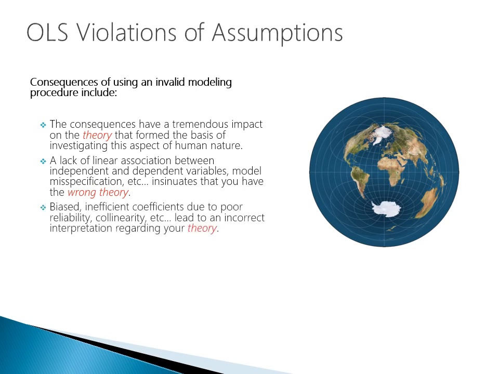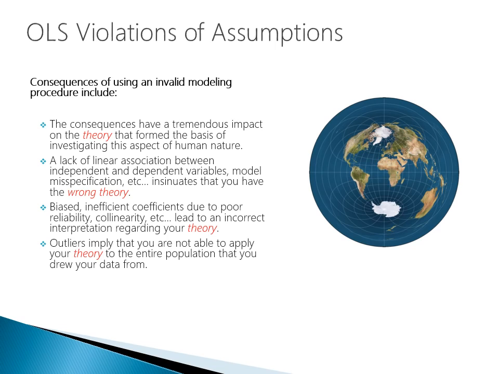If we have biased, inefficient coefficients due to poor reliability, collinearity, etc., it leads to an incorrect interpretation regarding our theory. We might have a sound theory, but if the statistics are not significant underneath and our parameter estimates are off, we're not interpreting our theory correctly.